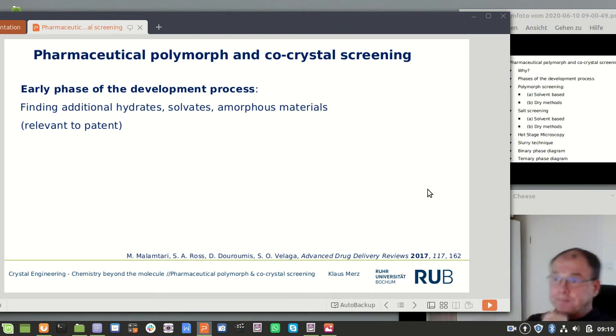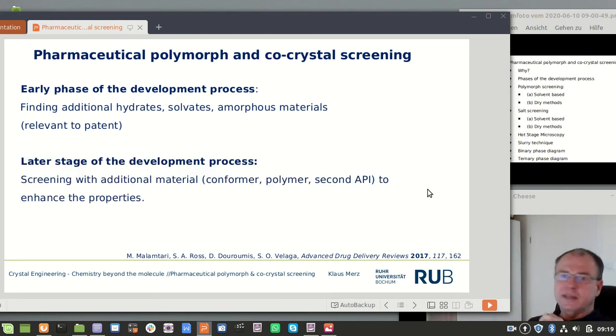And in the second phase, or in the later phase of the development process, we are looking for co-formers, not conformers, co-formers. We are looking at whether polymers can maybe be used in the crystallization process.